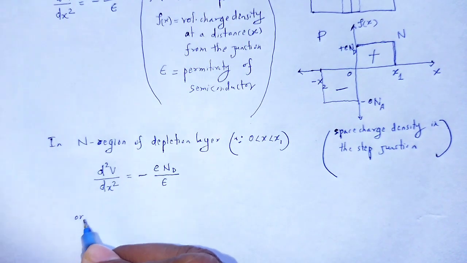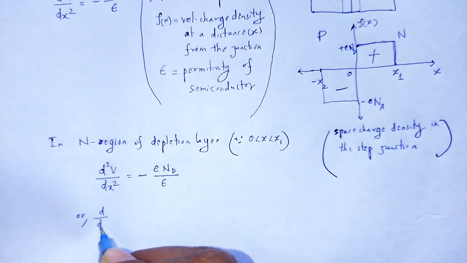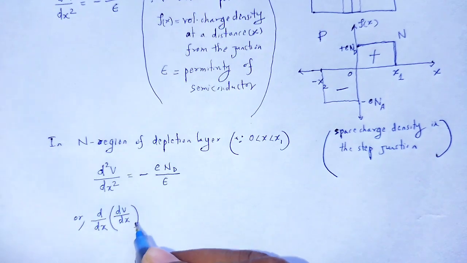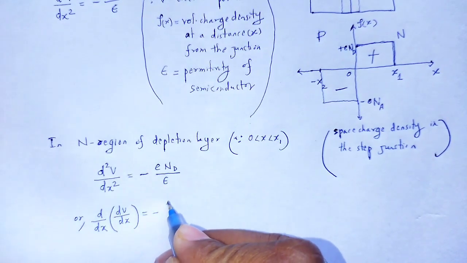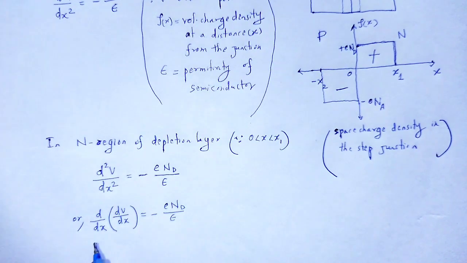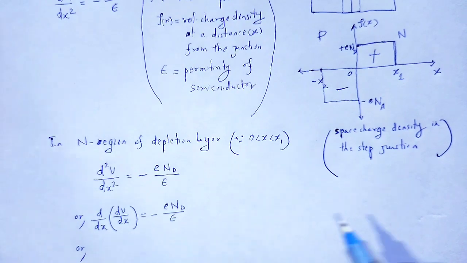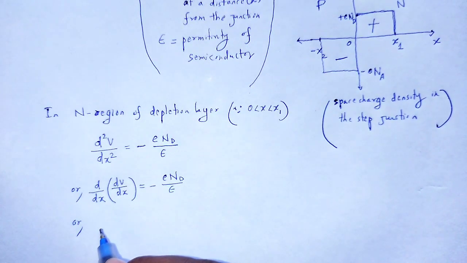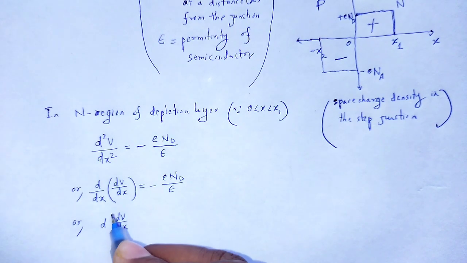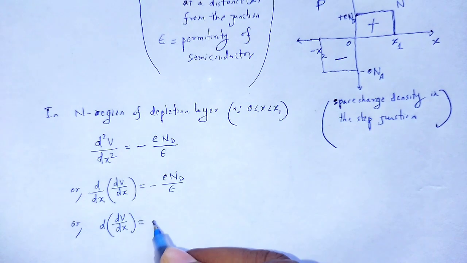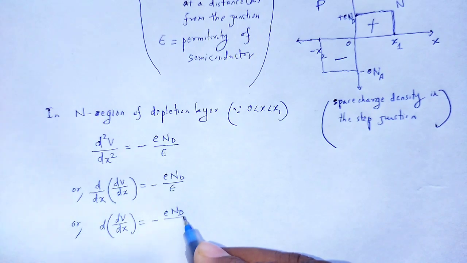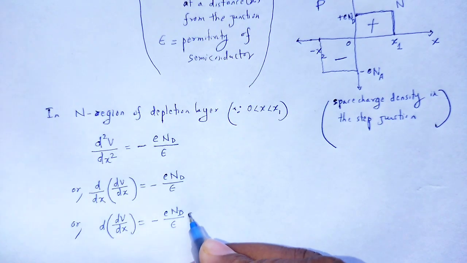Or d by dx of dV by dx is equal to minus e Nd divided by epsilon, or d of dV by dx is equal to minus e Nd divided by epsilon dx.